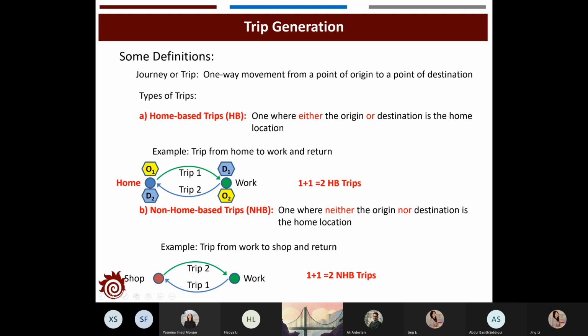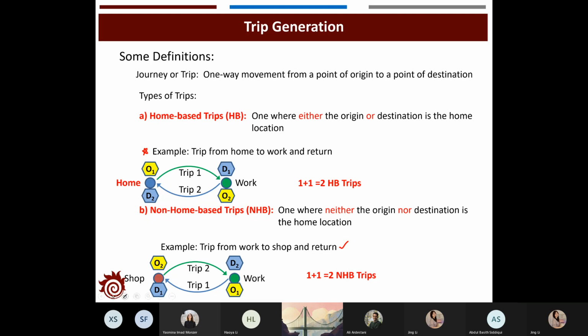The start point of the trip is the origin. The end point of the trip is the destination. For the first example, trip 1 origin is home and destination is work, and trip 2 origin is work and destination is home. Similarly, you can find the origin and destination for the second example between the work and the shop.